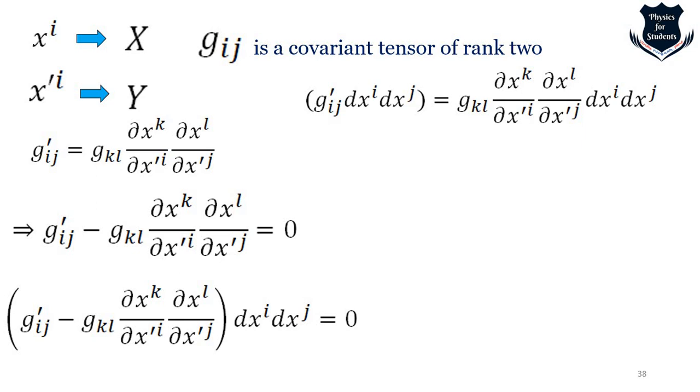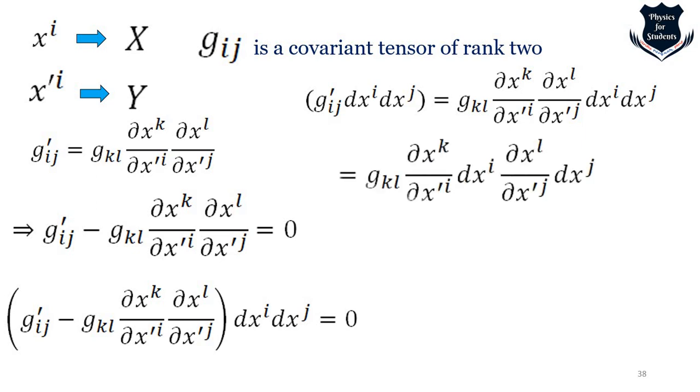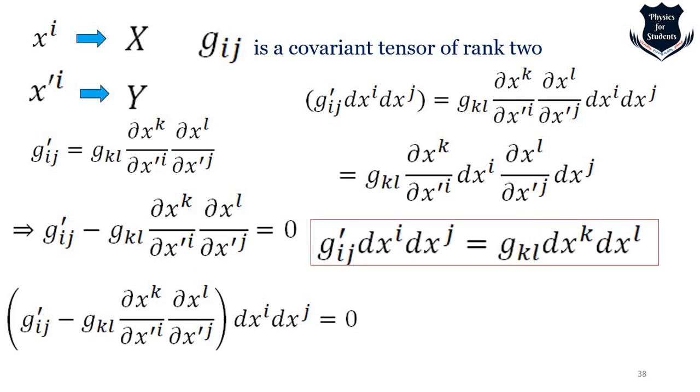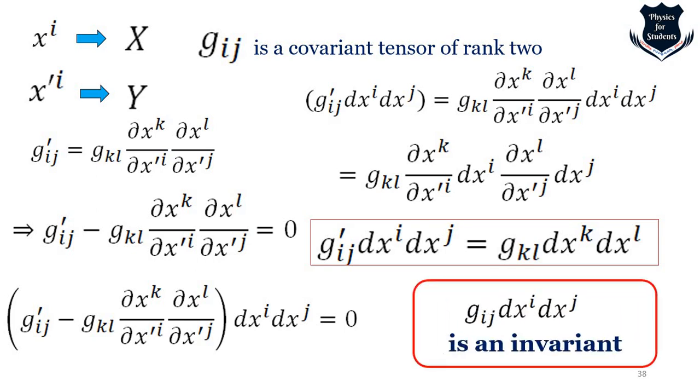So you can check what the calculations are, and then it shows this and further this. So you see now that if this is equal to this, then obviously that is invariant in nature. So that is why we say gij, which I showed right at the beginning, is invariant in nature, and that is why all the calculations become so easy in the metric in general relativity.